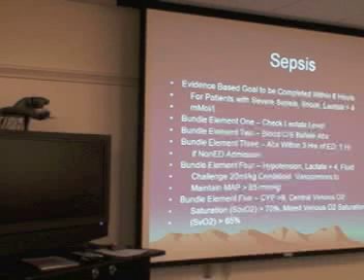Severe sepsis, a lactic acid greater than 4. First bundle, you measure the lactic acid. Bundle 2, blood cultures before you start the antibiotics. Number 3, antibiotics within 3 hours, which I think our emergency department's doing a very good job at, and within 1 hour if it's a non-emergency admission.